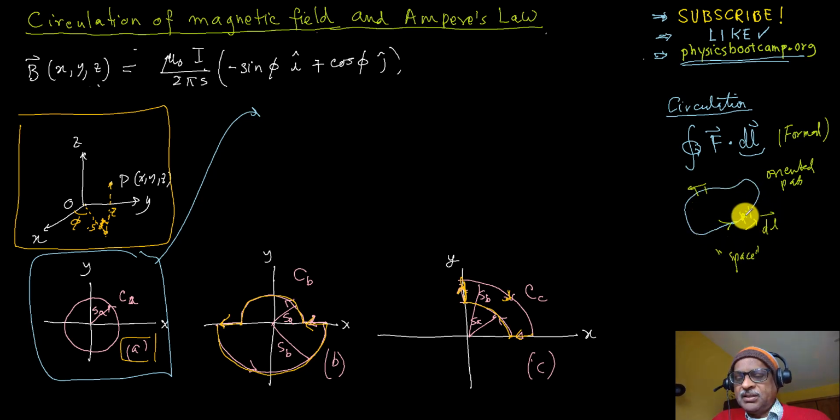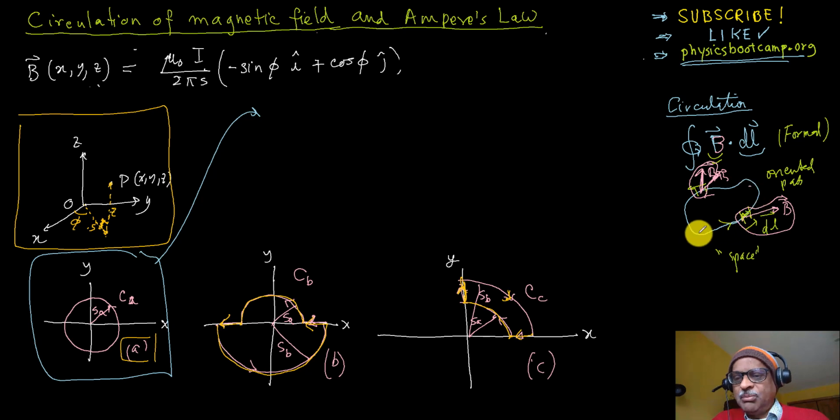If I were here, let's say this vector is the magnetic field. This vector will be over here that way, maybe over here that way, and maybe over here another direction. So over here you'll get one B dot dl, and over here another B dot dl.